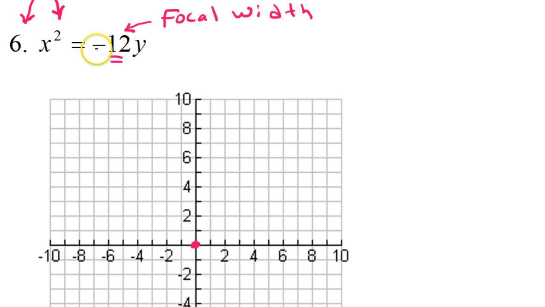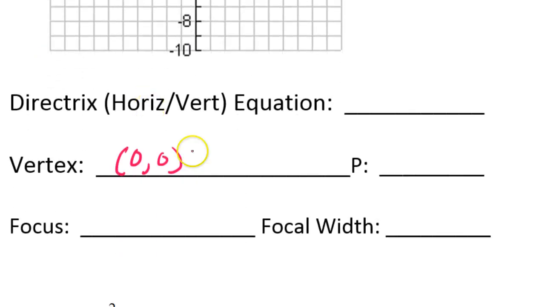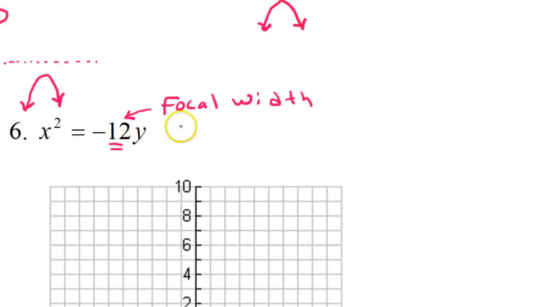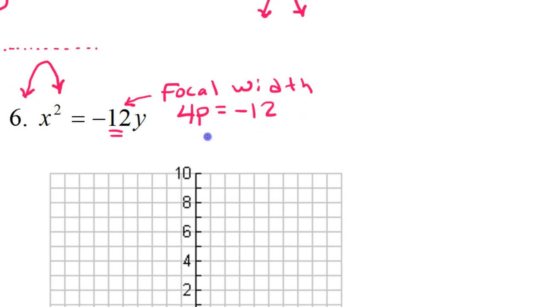The focal width is always positive, so I just ignore that negative sign. The focal width is 12. Now the focal width is 4p. So 4p is equal to this negative 12. Dividing by 4 gives me p equals negative 3.